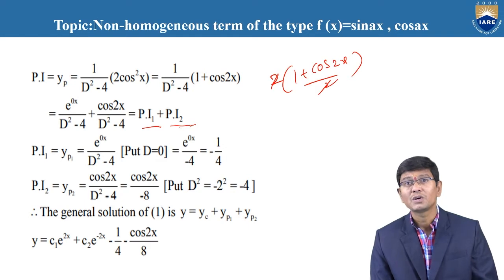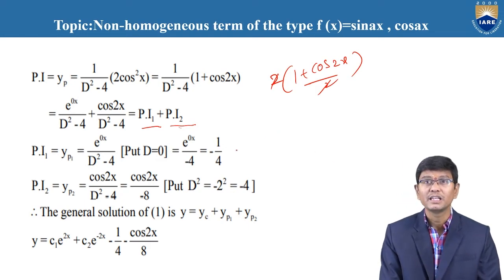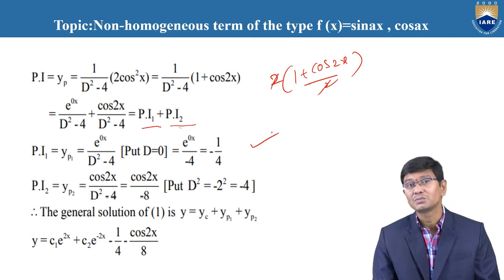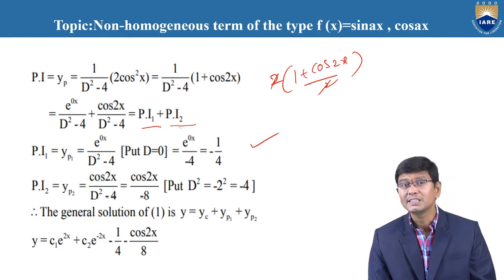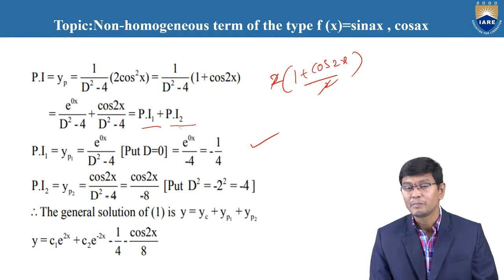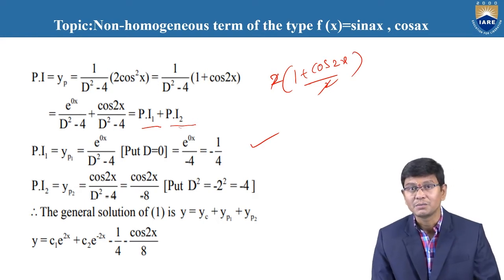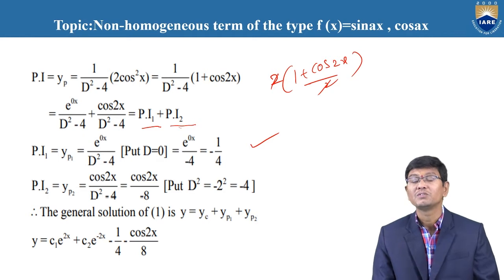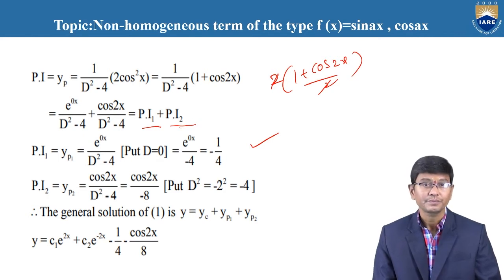First, we need to find particular integral 1. Therefore, yp1 is equal to 1 by d square minus 4 into 1. That 1 is nothing but e power of 0x, because e power 0x is 1. Therefore, e power of 0x by d square minus 4.